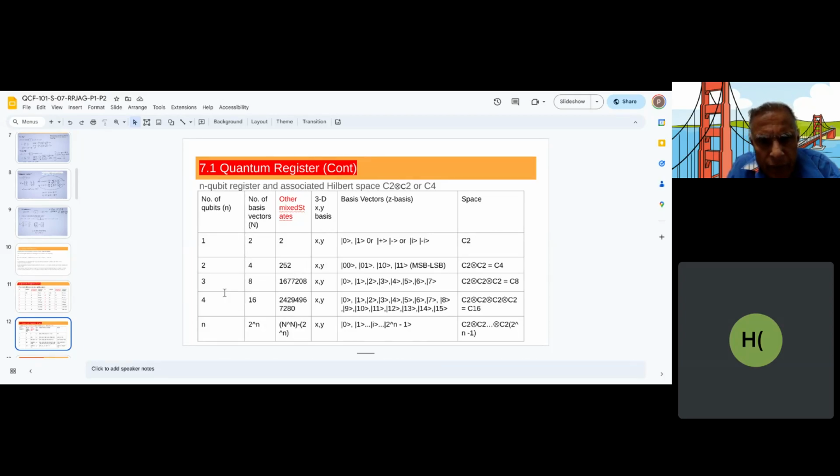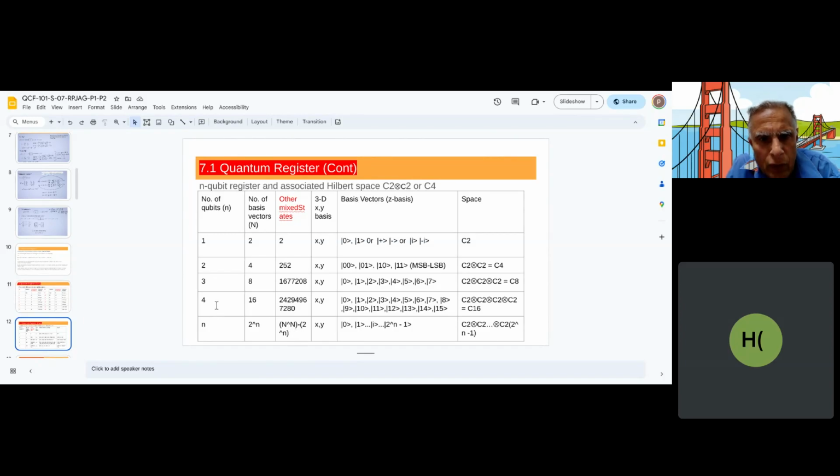That may vary. For 3 qubits, if you have 8 basis vectors, then correspondingly you get mixed states in the 16,000 range.